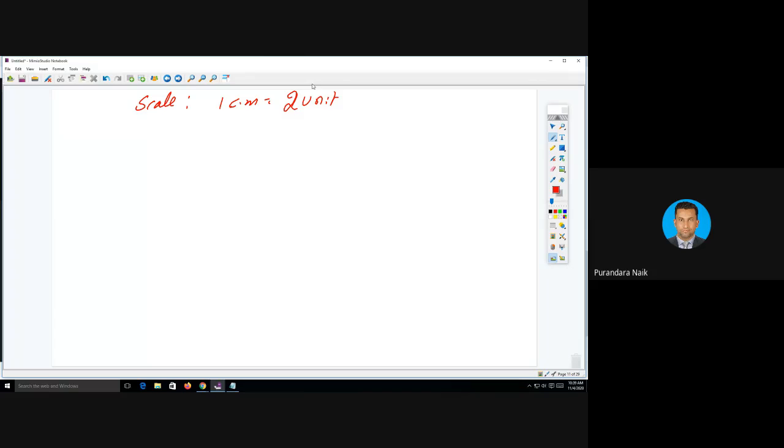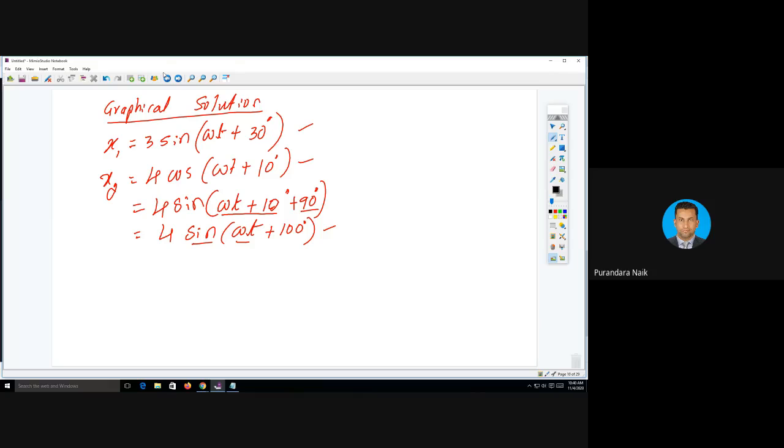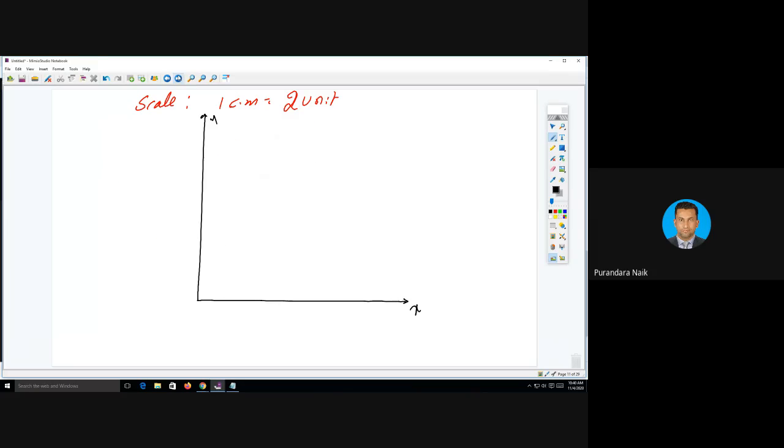Okay. So next is X and Y. First equation is 30° and the unit is 3. Take 30°. Unit is 3, meaning 6 units?